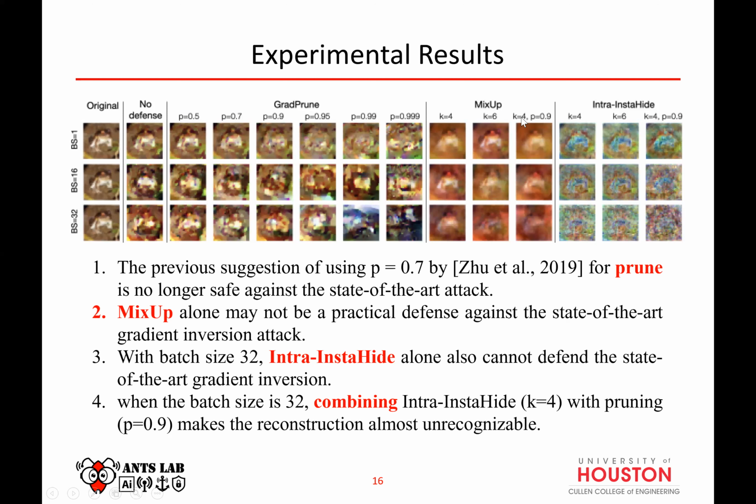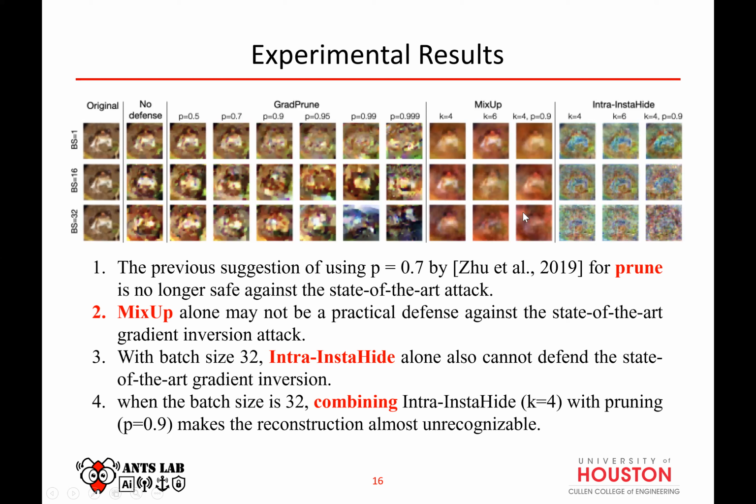And when using mixup alone, it may not be a practical defense against the gradient inversion attack. But if we combine mixup and pruning, for example with a pruning percentage of 90%, it will give a better defense performance.